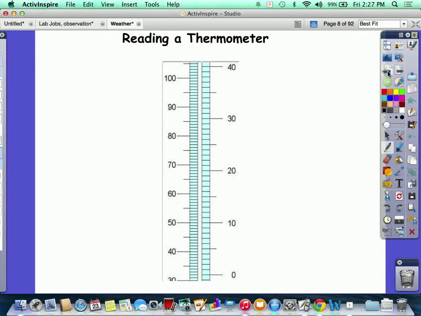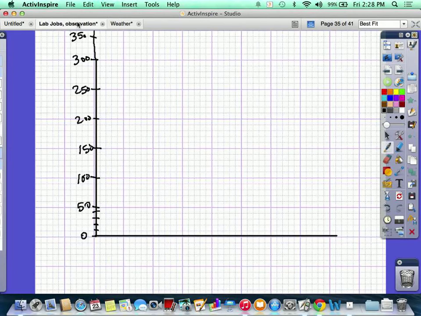Why wouldn't you want to put a number on every single line, Annalie? Well, too many numbers and it gets all jumbled up. Makes it harder to read, doesn't it? So we need our main division lines to be numbered. We want to work with the existing lines that are there, and we want to create intervals that are equal, okay?